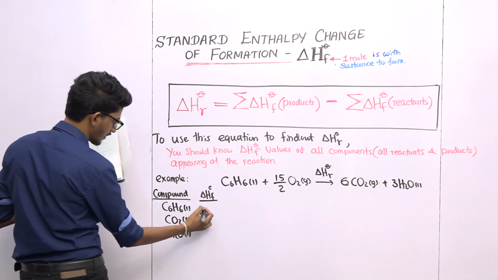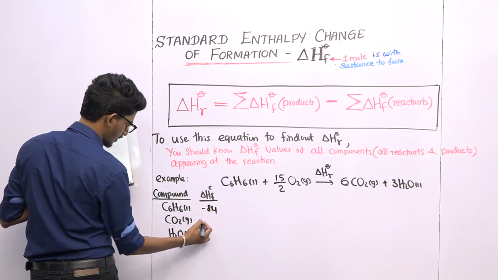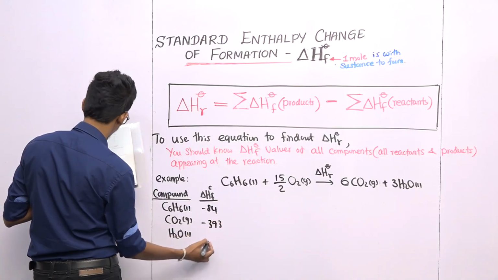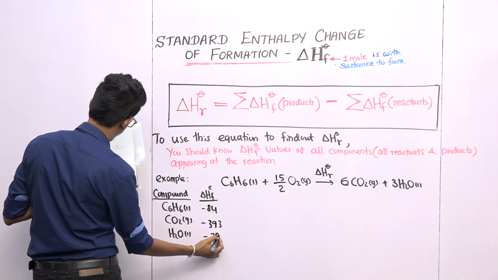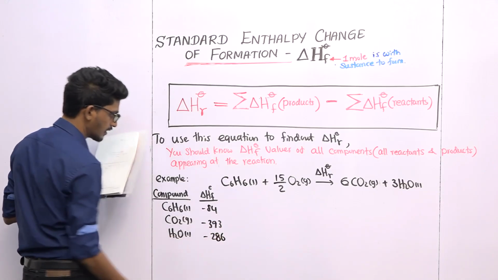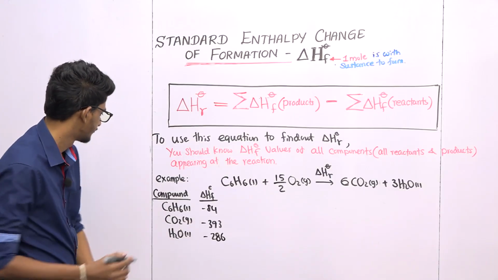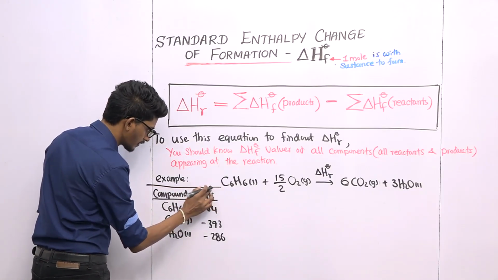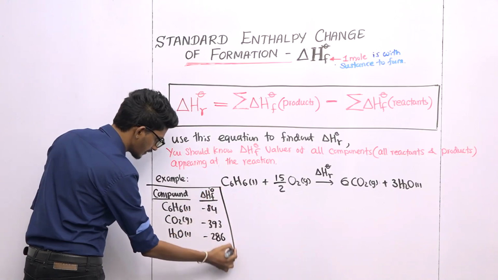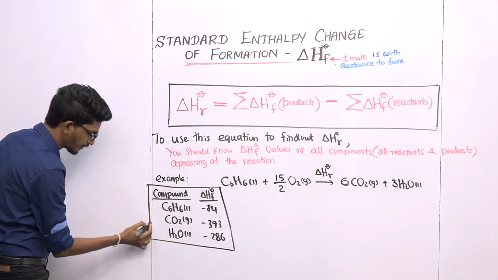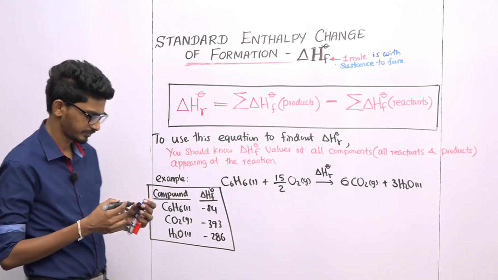These data are given as minus 84 kilojoules per mole, minus 393, and minus 286. These things are appearing in your note. Let's use this data to come up with the delta H naught R of this reaction.